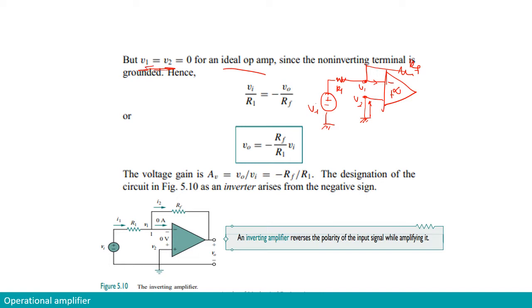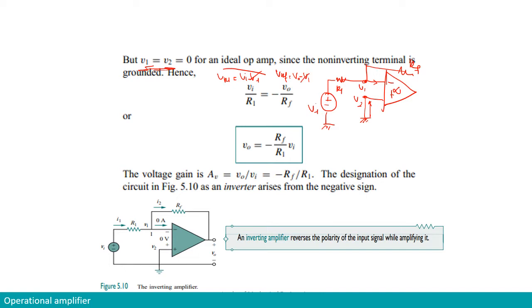So what we had previously, where VR1 is Vi minus V1, with V1 equals 0, and VRF equals V0 minus V1, where V1 is also 0, right?